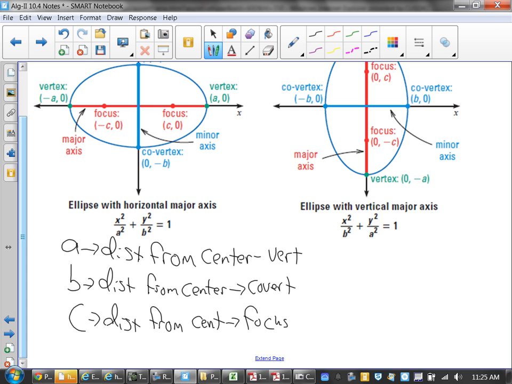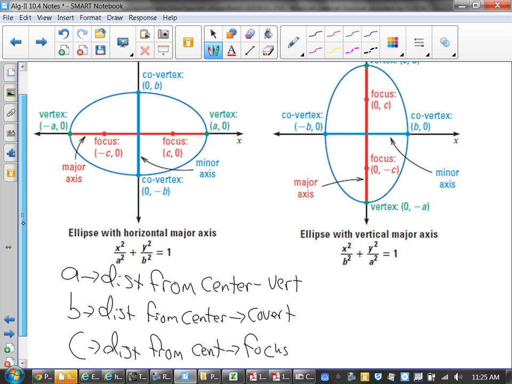All right. Now, what they're doing here is, in order to be able to tell whether it's squished left and right or squished up and down, it's always dependent upon the A and the B. What I want you to notice is that these are your generic equations. They're on your sheet.